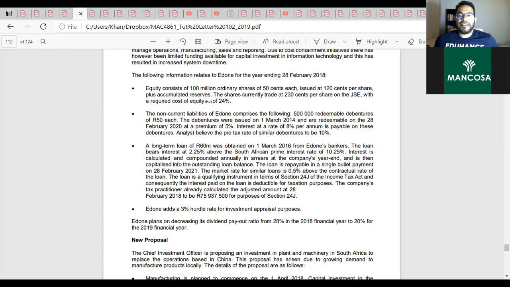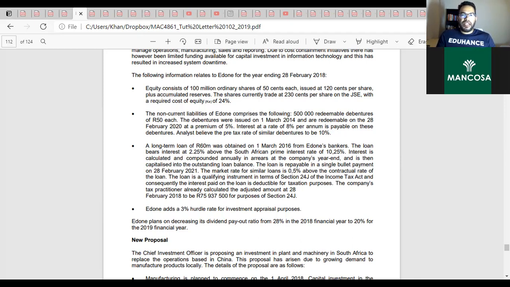So here you can see that the market rate is given, the cost of equity is given, and hence we do not need to calculate it. If we had to calculate it, we have three options available to us. But because it's given, there's no need to do any calculation. So we have the market rate of 24%.